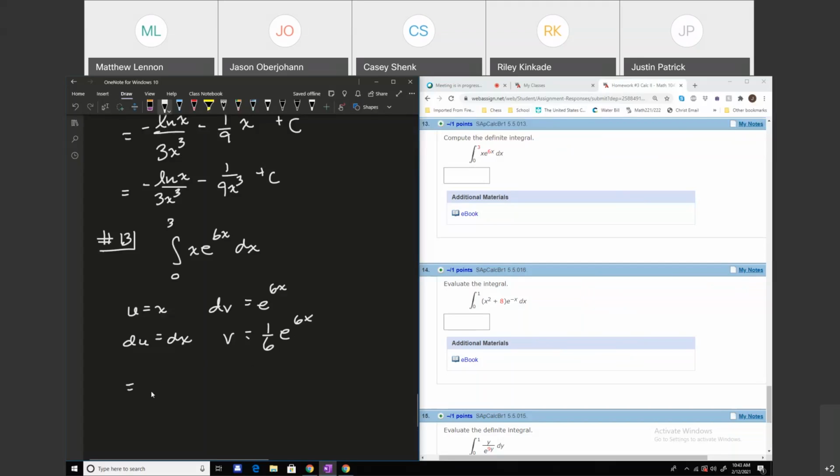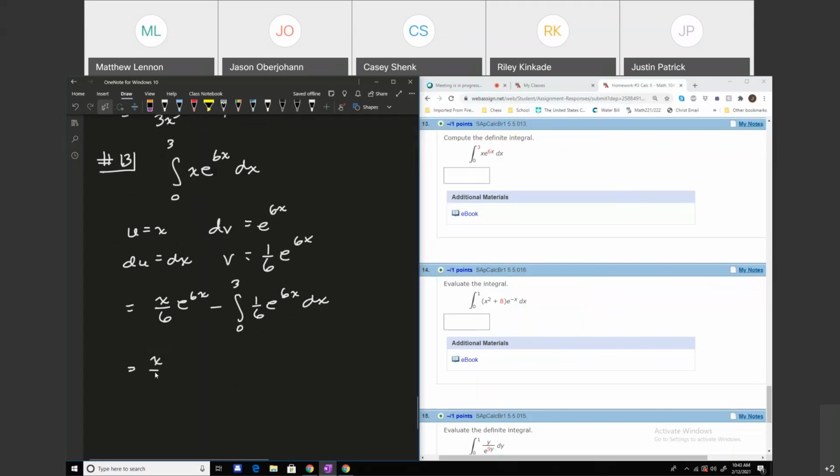So our integral becomes uv, so x over 6 times e to the 6x minus the integral of v times du, so minus 1/6 e to the 6x dx, and again this is going from 0 to 3.